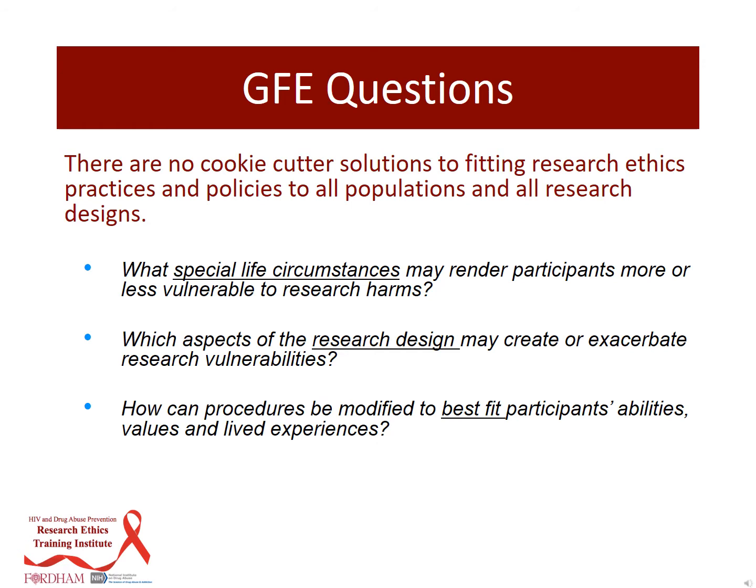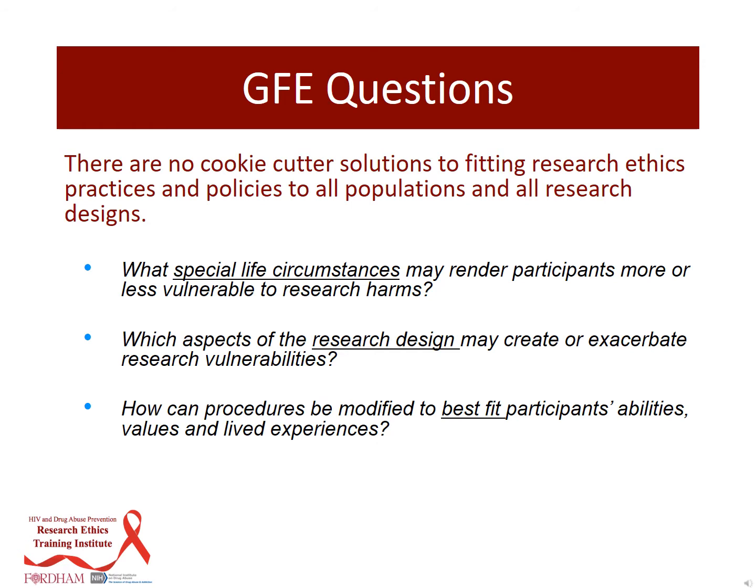What are the special life circumstances that may render participants more or less vulnerable to research harms? That's why we're doing our studies. Which aspects of the research design may create or exacerbate existing research vulnerabilities? And how can procedures be modified to best fit participants' abilities, values, and their lived experiences?